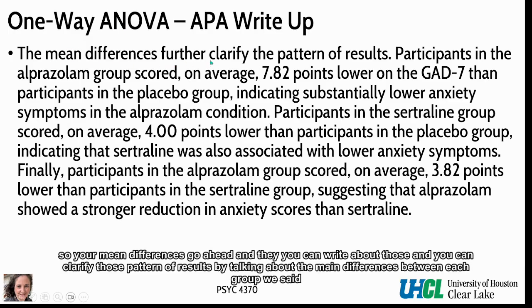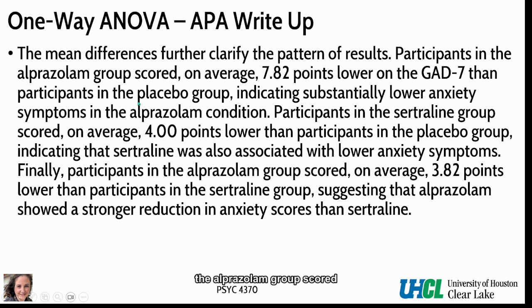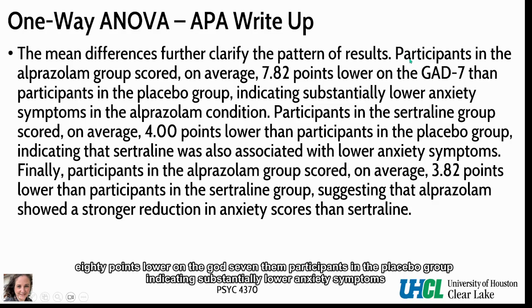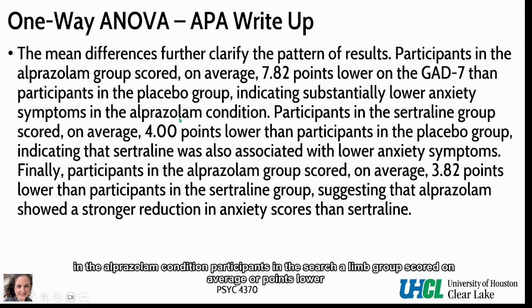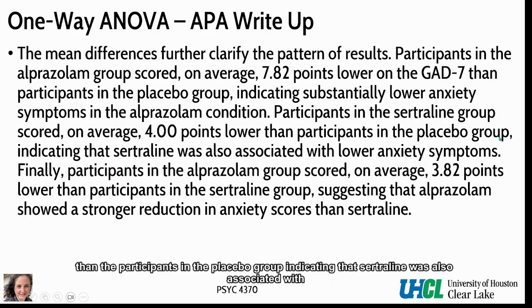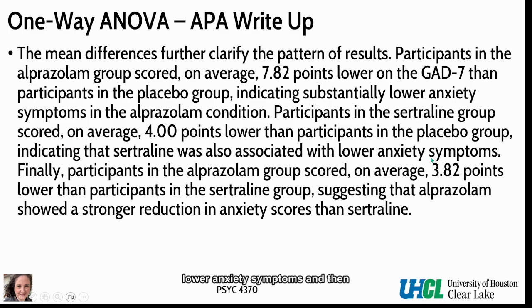So your mean differences, go ahead and you can write about those, and you can clarify those patterns of results by talking about the mean differences between each group. We said that the alprazolam group scored on average 7.82 points lower on the GAD-7 than participants in the placebo group, indicating substantially lower anxiety symptoms. In the sertraline condition, participants scored on average 4 points lower than the participants in the placebo group, indicating that sertraline was also associated with lower anxiety symptoms.